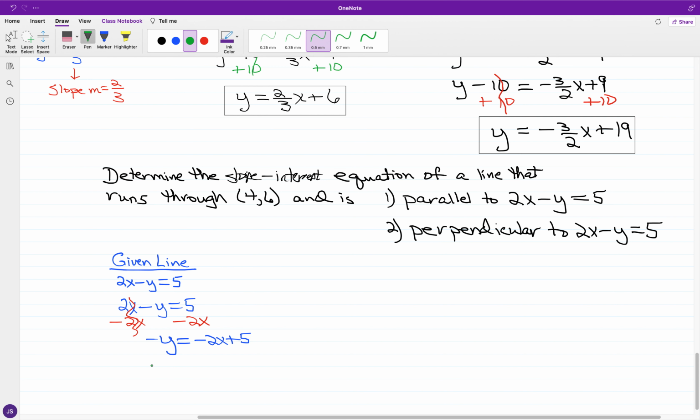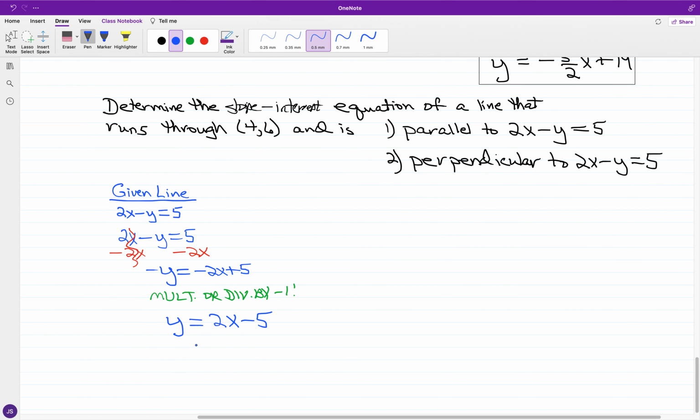And looking at changing the signs, if I multiply or divide by negative 1, what was negative becomes positive and vice versa. So in this case, we're going to have that y is equal to 2x minus 5. And so for what we will have here is that the slope is equal to 2.